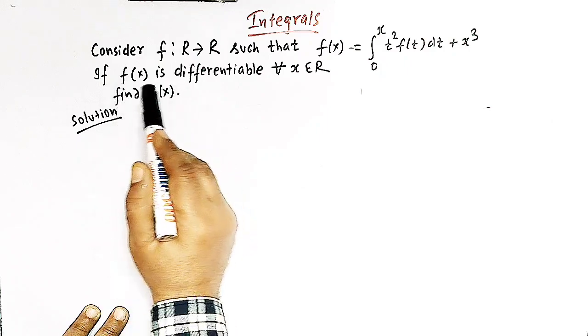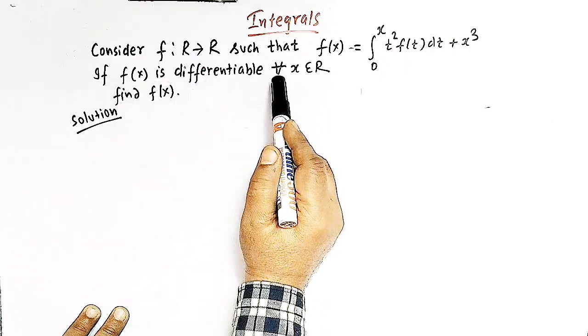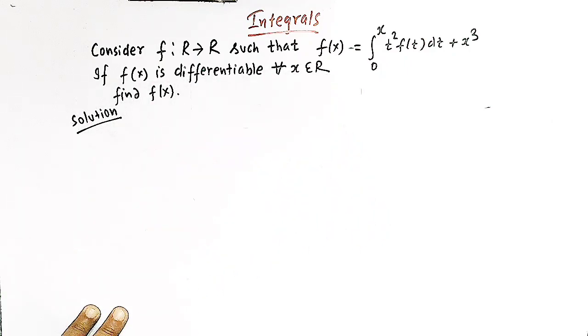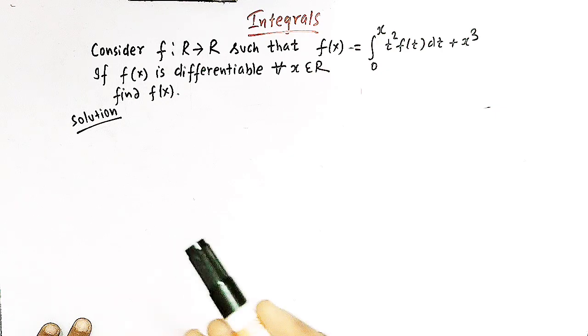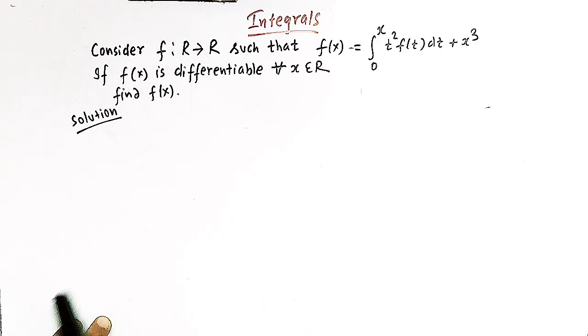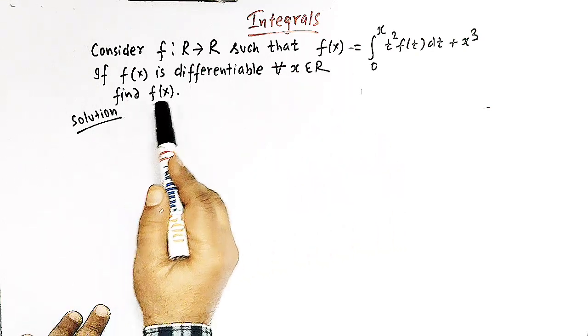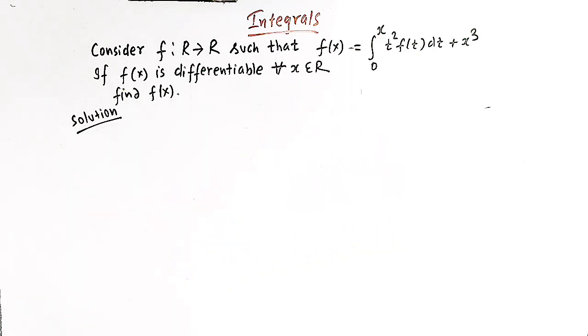If this function f(x) is differentiable for all x belonging to the set of real numbers, then we have to find f(x). Here we will apply the Leibniz integral rule to find f(x). So let us start.